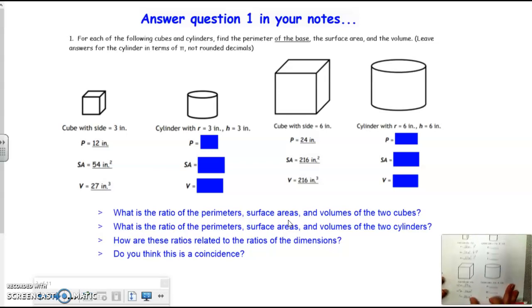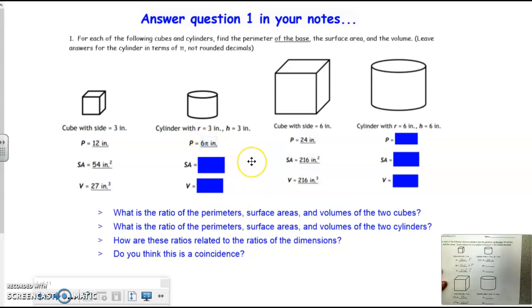All right, now let's go to the cylinders. So the perimeter of a cylinder's base is 2 pi r. That is your circumference. So if r is 3, then that's 6 pi. And in the directions, it tells you to leave them in terms of pi. All right, so for surface area, it is 2 times the base plus the perimeter times the height.